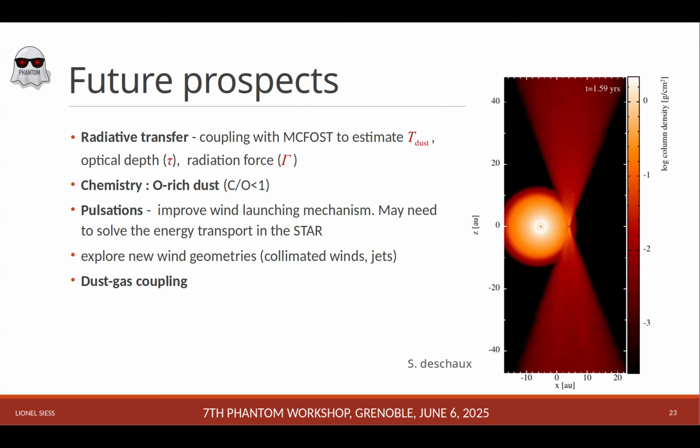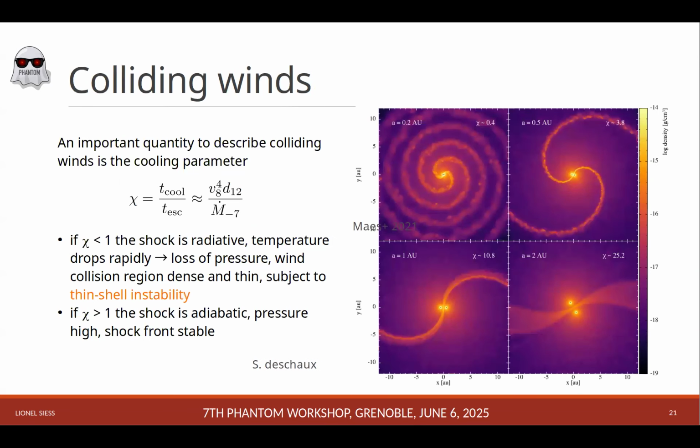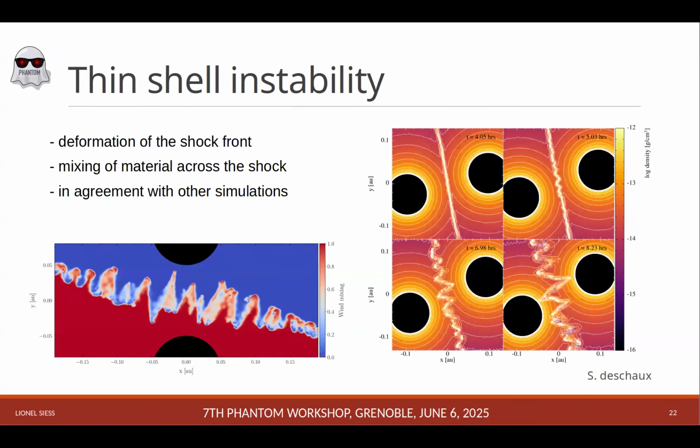Short question. In one of your plots, you showed this interface between the winds of one star and the other. I was wondering if that could be the result of the sampling you're using to place the wind particles? Because you mentioned the first slice that you. No, yeah.